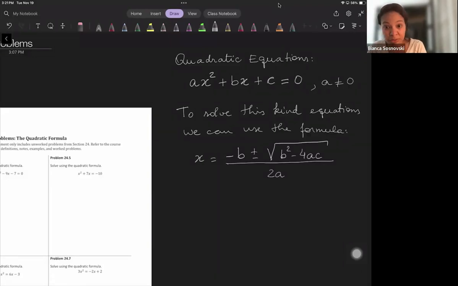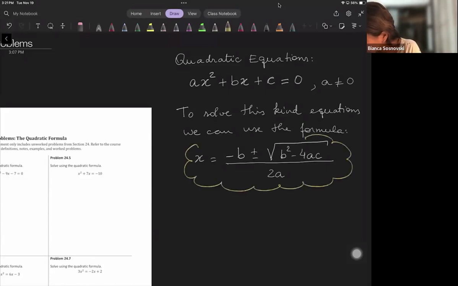Okay, so that's the quadratic formula. We're going to use this formula to solve the examples in the textbook. In section 24, there are also some applications of the quadratic equations, so we're going to be using that as well.